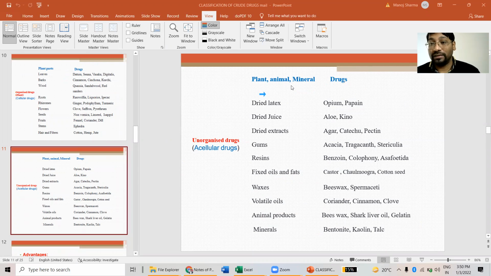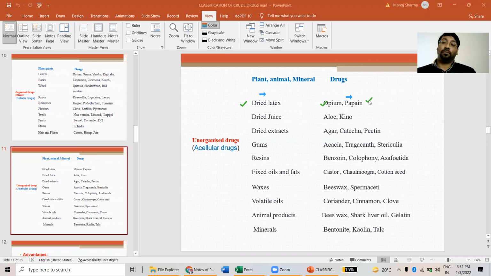In another category, they have given the examples of this particular crude drug. Accordingly we can understand which part of the plant is having dried latex. Opium, which I just quoted as an example.